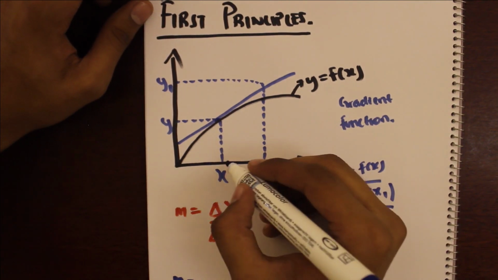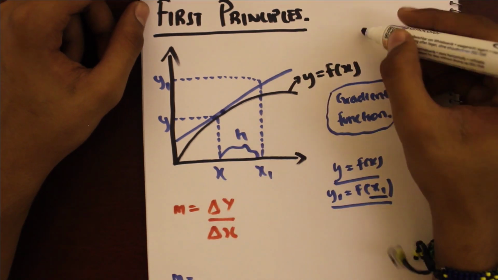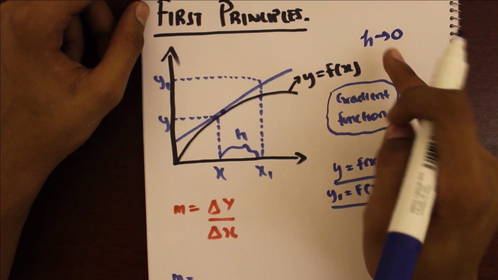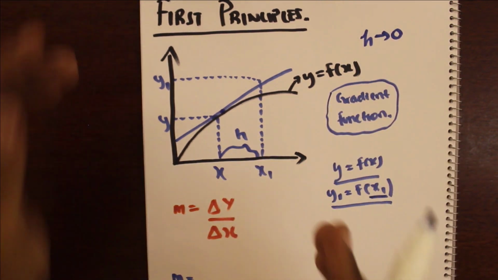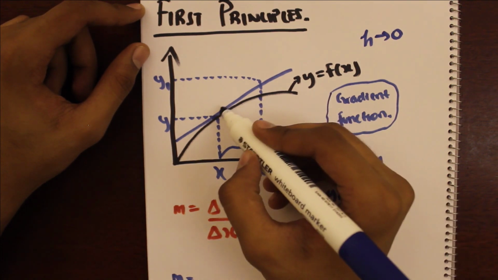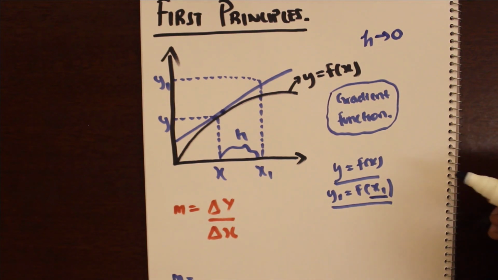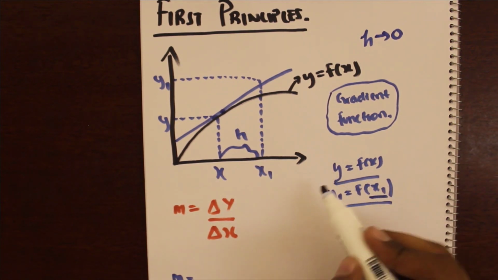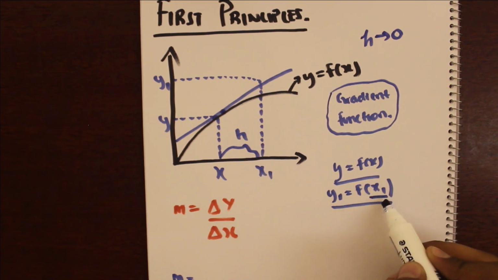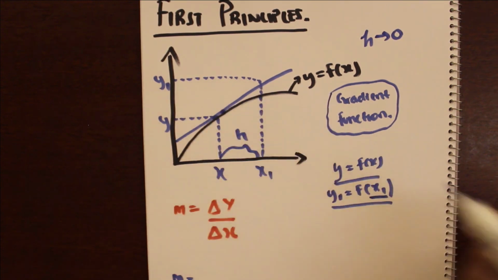We assume that this distance over here, which we call h, approaches 0. H approaches 0, meaning the difference between x1 and x is very small, such that both points lie on the graph of y equals f of x. So we know the relationship that y is equal to f of x and y1 is equal to f of x1. So doing f of a certain x value would give you its corresponding y value.